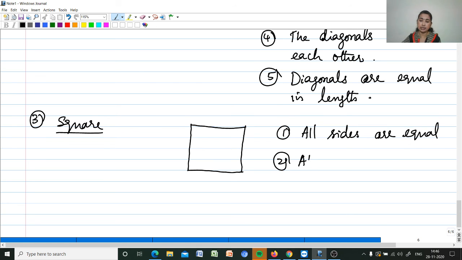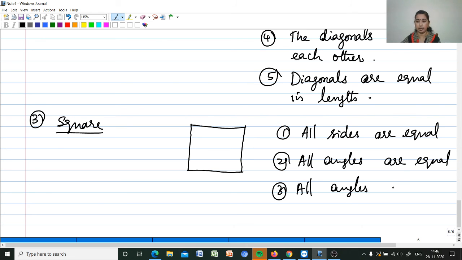All angles are equal, and all angles are 90 degrees.